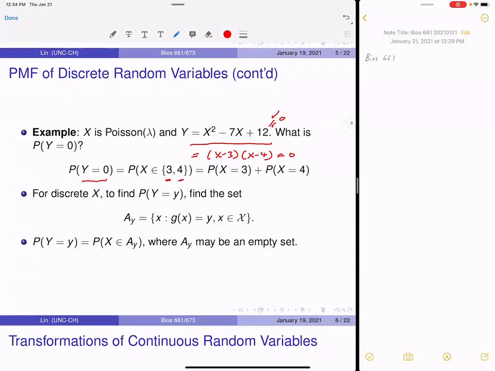You've already had a probability class. When I say X equals 3 or 4, what does the "or" mean? In probability, or means plus.